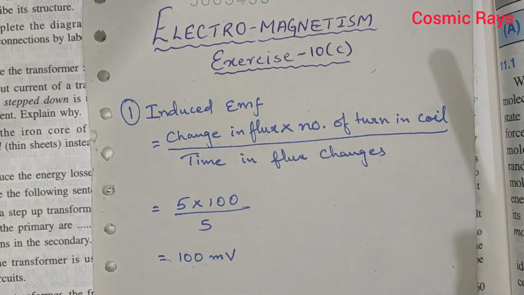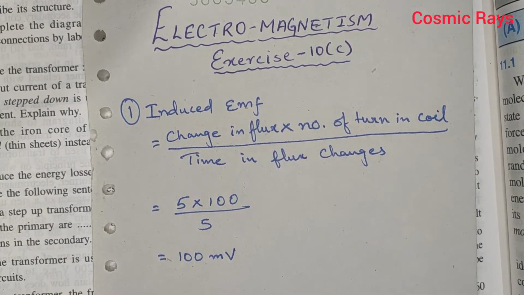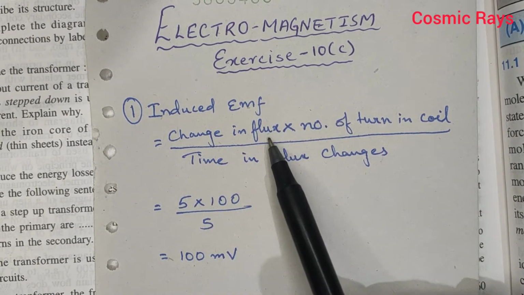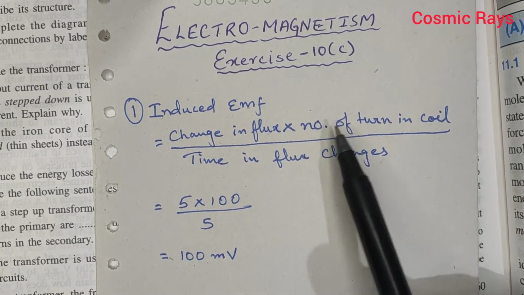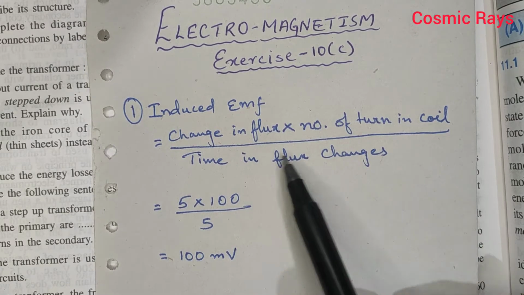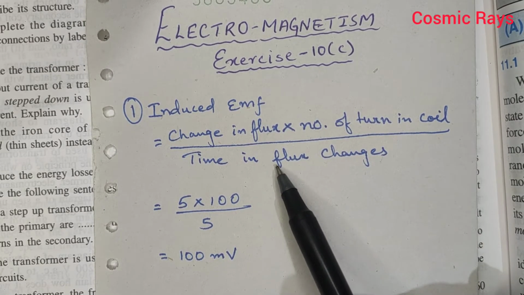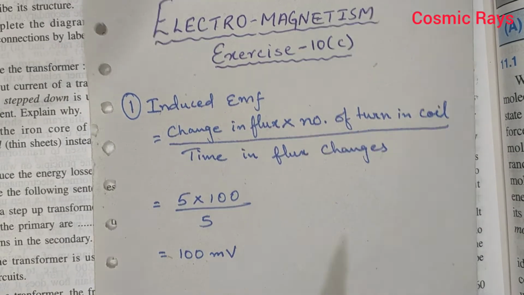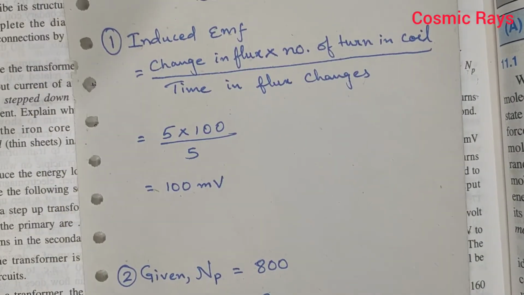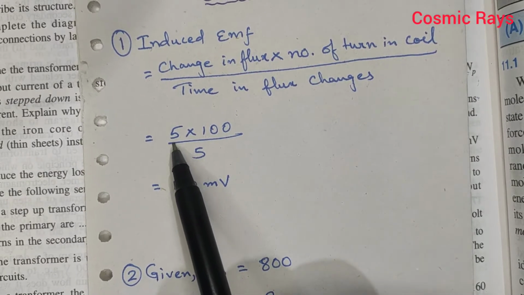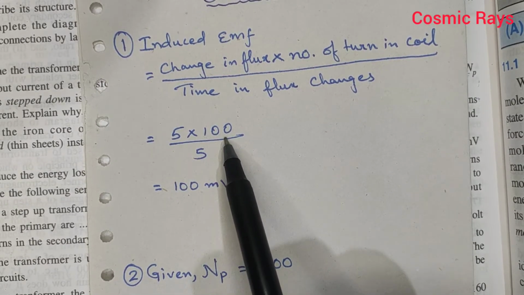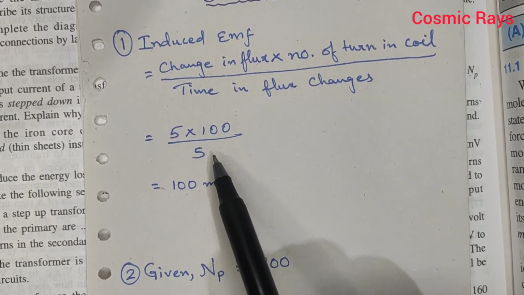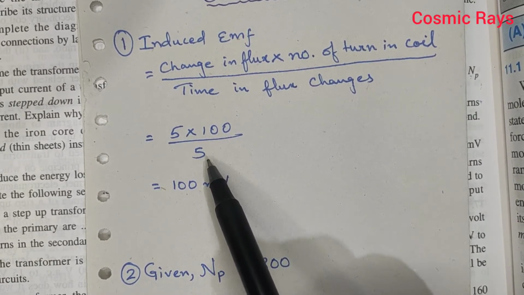we are going to use the formula for induced EMF, that is induced EMF is equal to change in flux multiplied by number of turns in the coil divided by time in which the flux changes. So here the change in the flux, as I told you, is 5 minus 0, that is 5, multiplied by number of turns in the coil, that is 100, divided by time in which the flux changes, that is 5 seconds.